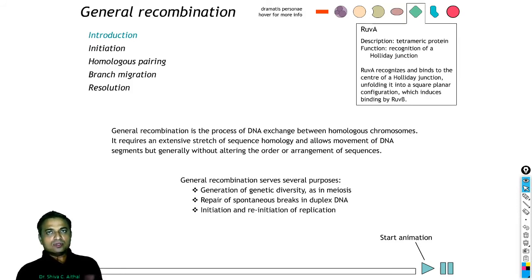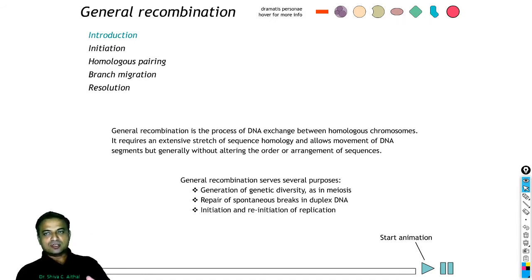Now, this is one more protein which is called Rhubarb protein. It is a tetrameric protein and it is the main protein which recognizes the Holliday junction. Rhubarb protein recognizes and binds to the center of the Holliday junction. When these three strands have to be converted into four strands, that is where DNA polymerase got into action, and it helps.